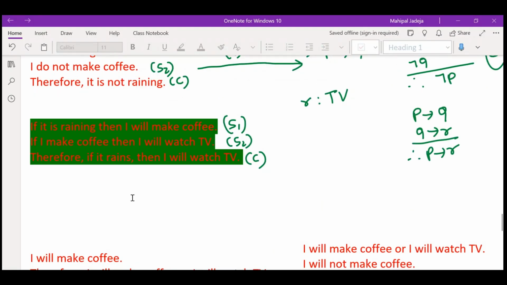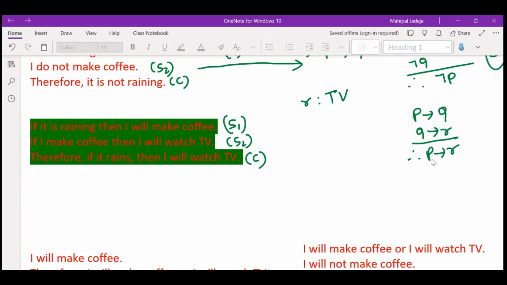What do we need to do formally if we want to identify the validity of these statements S1, S2 and C? Can anyone tell me? Sir, make a truth table. Prove, so we can prove that their conjunction implies P implies R. But which compound proposition do I need to consider for making the truth table or verification?